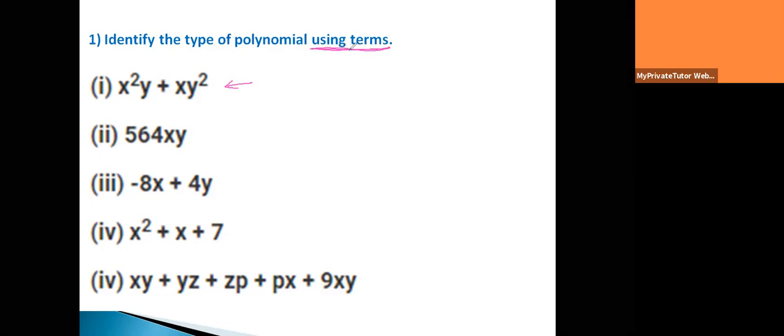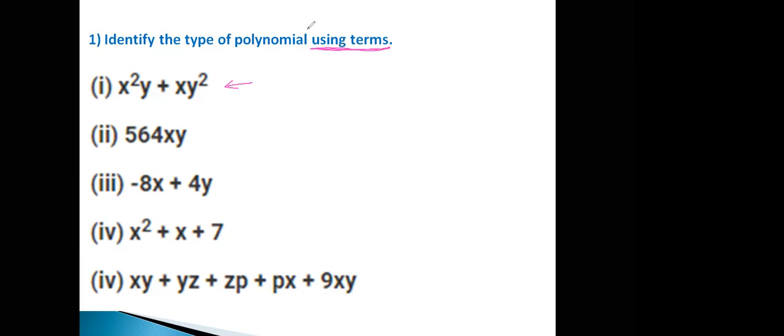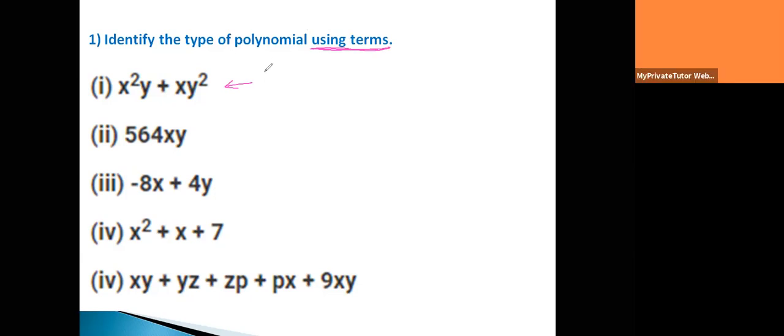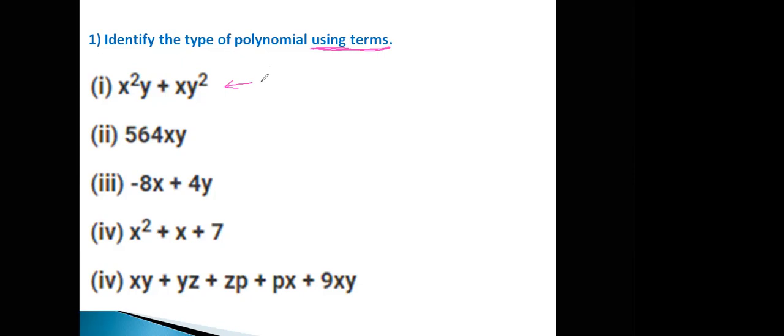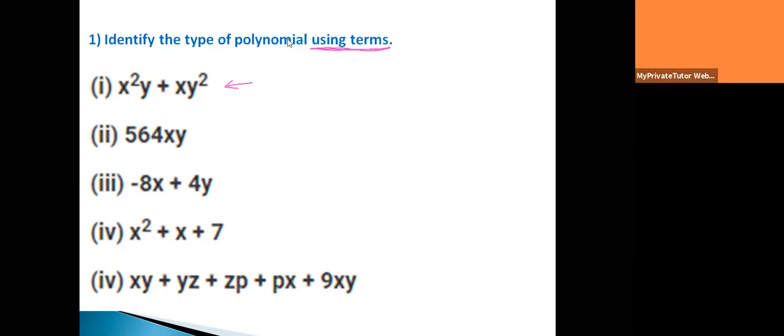Okay, so how many terms we have in it, Joseph? Yes, 2. So which means what type of polynomial it is? Quadratic. Okay, it is terms.